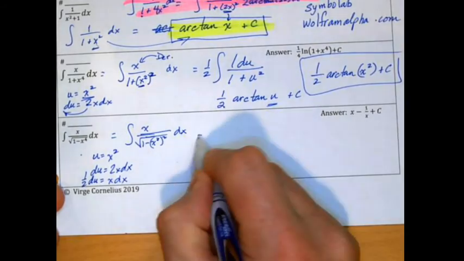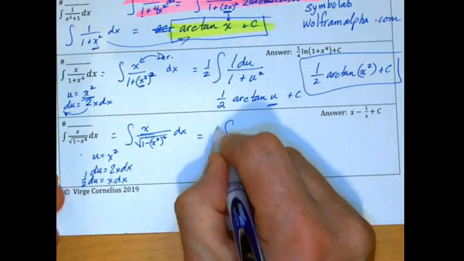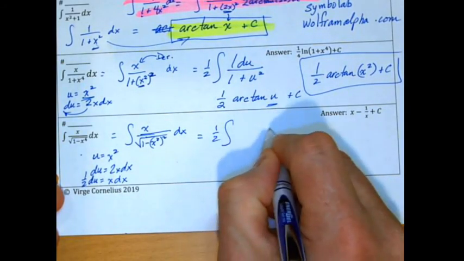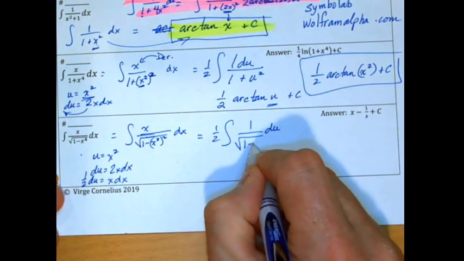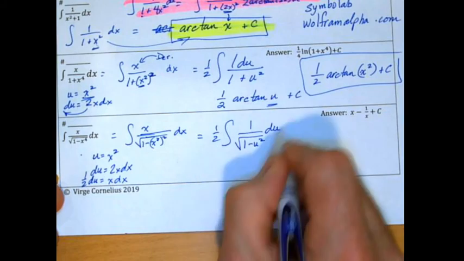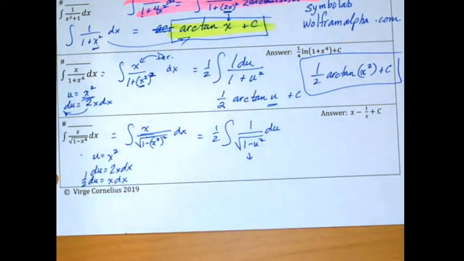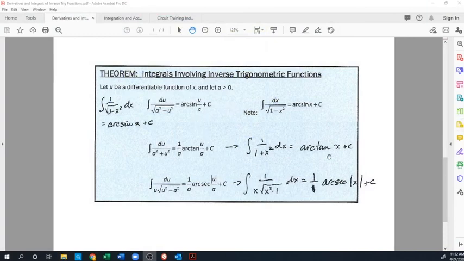All right, so we got 1/2 du. We'll put the 1. We got the square root of 1 minus u squared. That is over here arcsine. And that is arcsine. So that's another one that you might need to know.